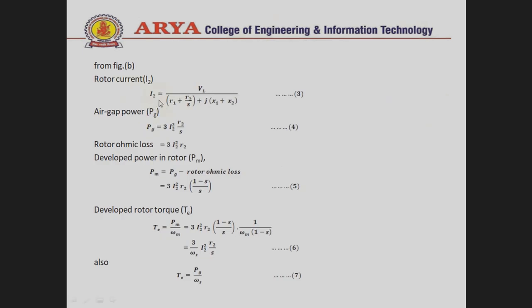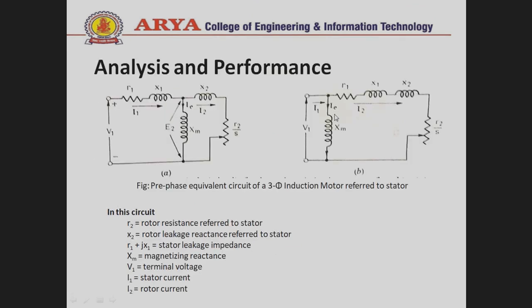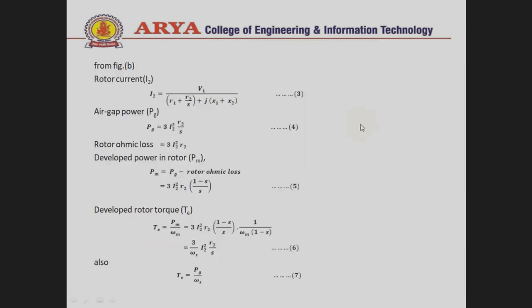We find the rotor current I2 is equal to V1, by simplifying, V1 upon R1 plus R2 upon S plus j(X1 plus X2). This term is the imaginary term.